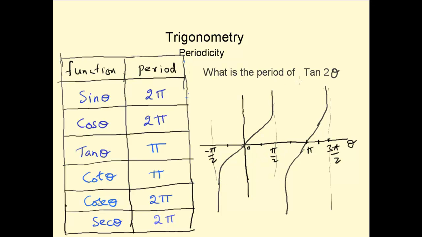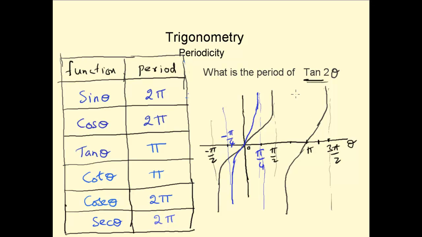Let's see what the period is for tan 2 theta. If you plot it, it will look something like this. It starts from infinity at pi by 4, goes through the origin, and then saturates at minus pi by 4. If you draw the asymptote here, this is pi by 4, and here this is minus pi by 4.